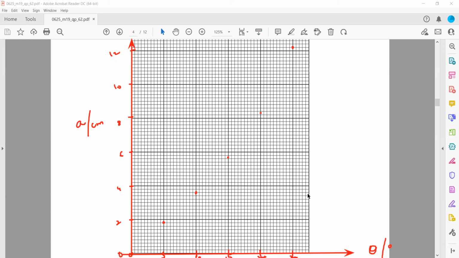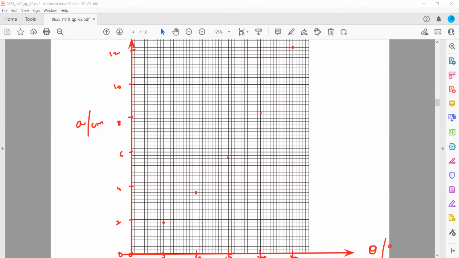Now you have to check according to the points whether a best fit straight line will be possible when we join them. A well-judged line should be there, but it does not appear that all the points lie on one.